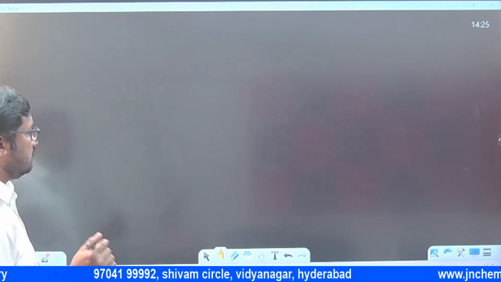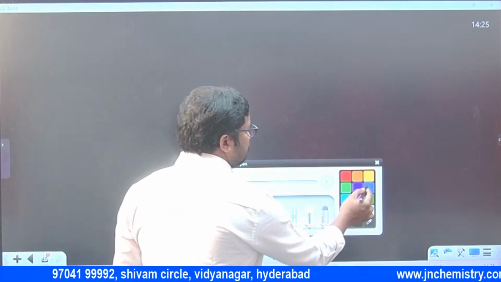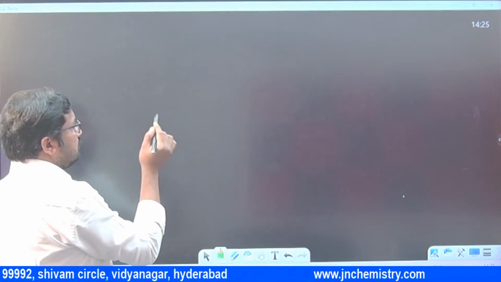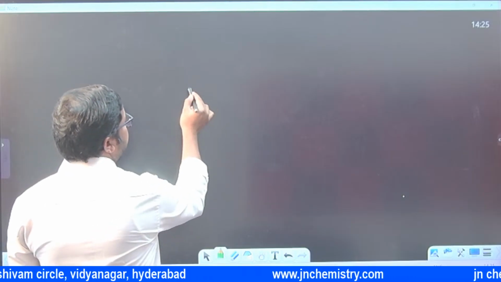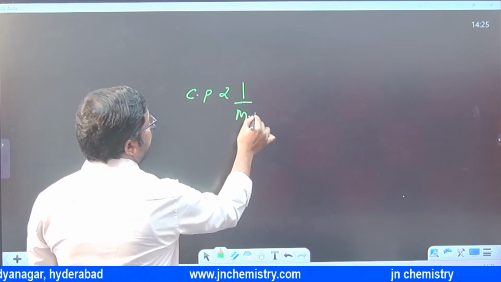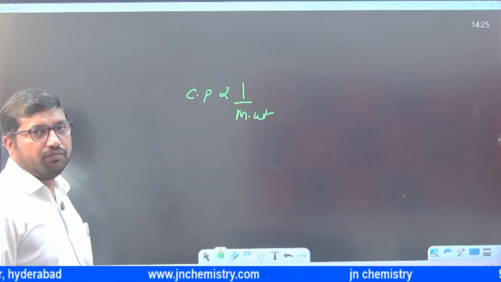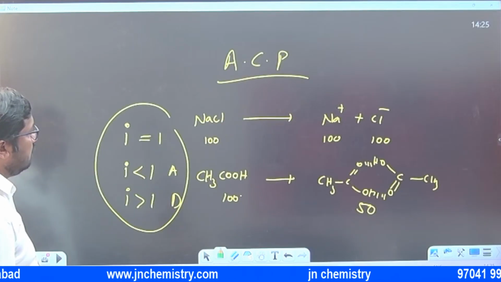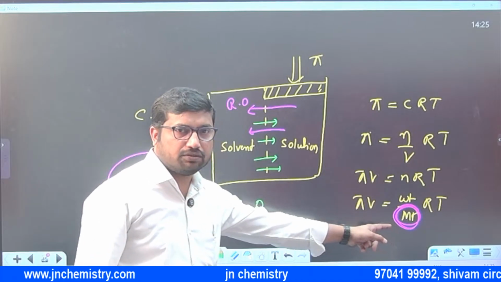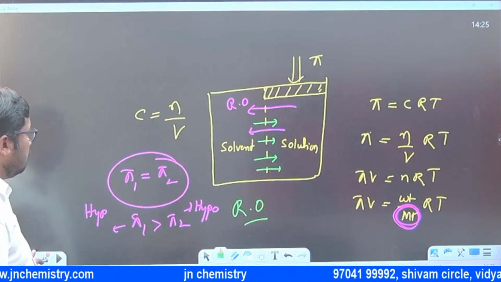Now try to understand the last concept, almost all done. The colligative properties are inversely proportional to molecular weight. In this case, π is a colligative property inversely proportional to molecular weight.